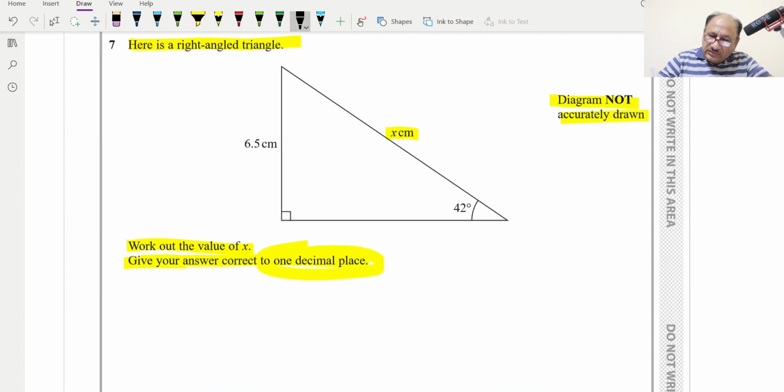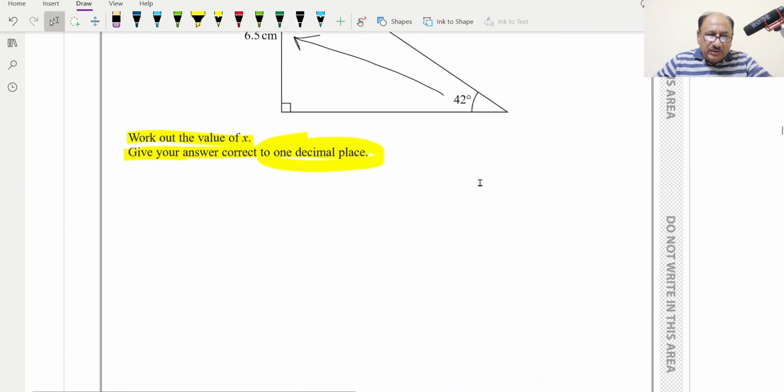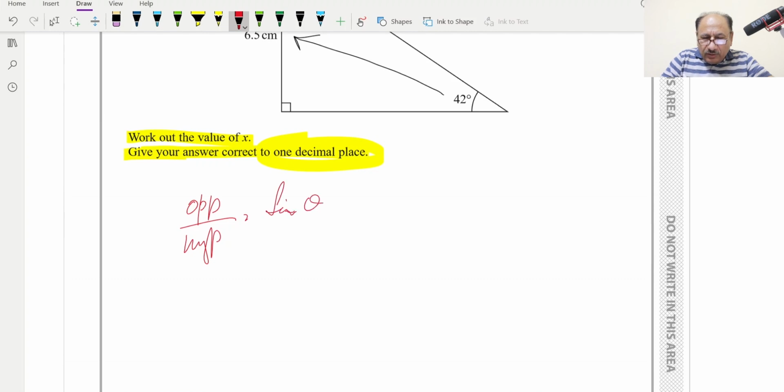We can see this is angle 42, and this side is the opposite side, and this one is the hypotenuse. So we can take opposite over hypotenuse, which is equal to sine theta, and the angle is 42, so opposite is 6.5, so 6.5 over x is equal to sine of 42 degrees.